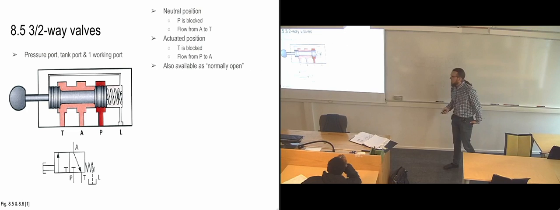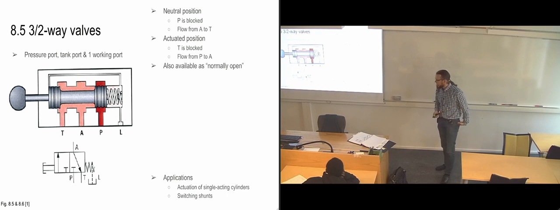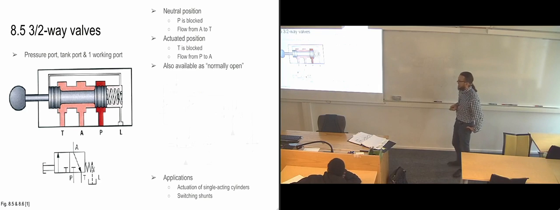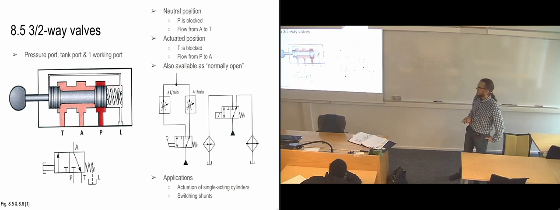And of course, you can always get it as normally open, which just means that you'll be switching places on the two blocks there in the symbol. And uses for it is actuation of single acting cylinders and also switching shunts. And a switching shunt is basically when you want to switch a flow through something else.